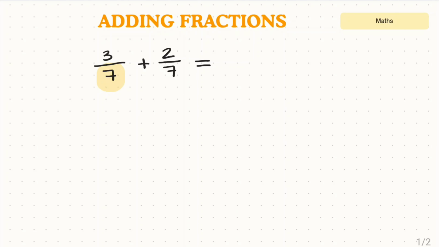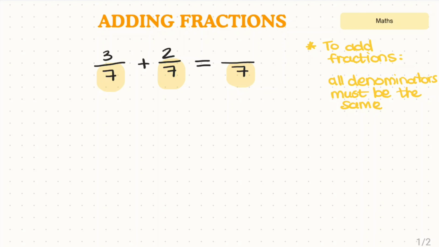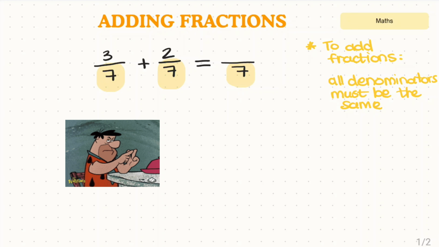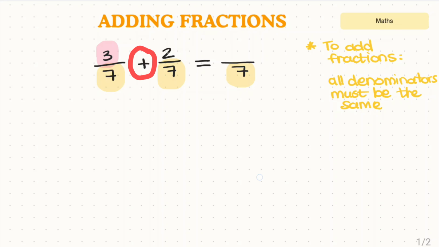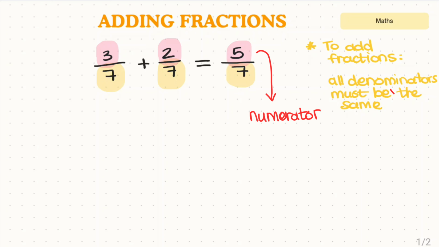Now when it comes to figuring out the numerator, you saw in the previous questions, I just counted the shaded parts. And because I don't physically have a shape, I can just count what I have in my question. So if I have 3 and 2 together, that's going to give me 5. So the numerator when we had our picture was just the shaded pieces. What we were actually doing was adding our numerators.